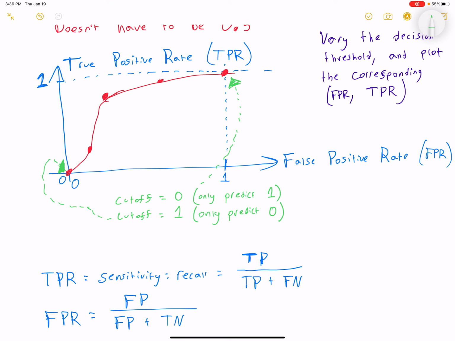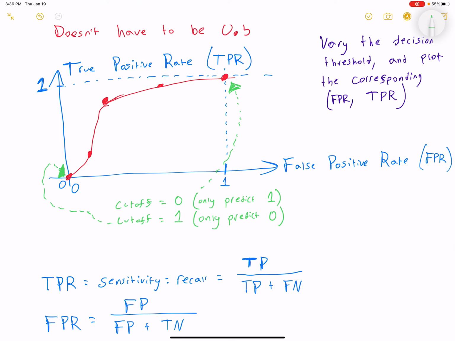So if we start going down, let's say we have a threshold close to 1, so let's say the cutoff is equal to 0.8, well, in that case, we're predicting mostly zeros, but some things are positive, but very few because we have such a high threshold.